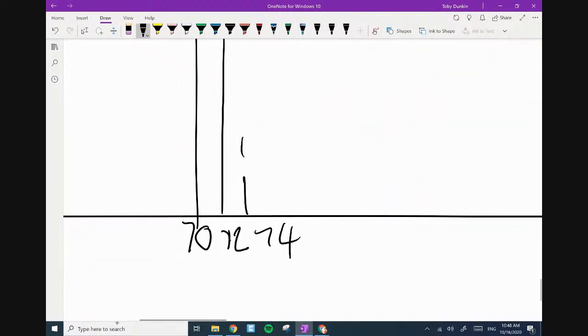So it's quite nice to see that a very basic biology trick gives 70, 72, and 74.